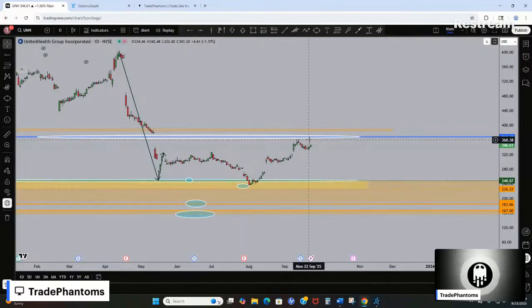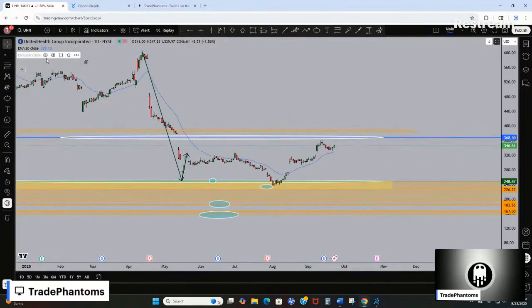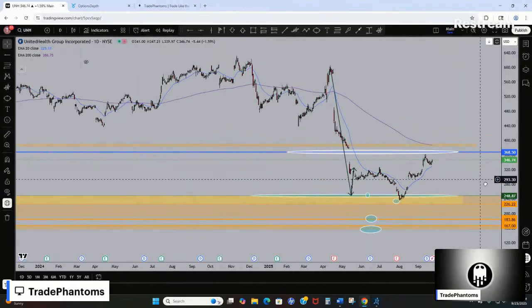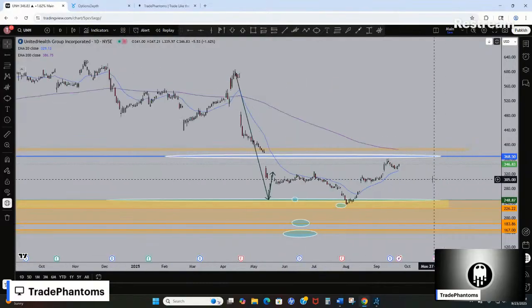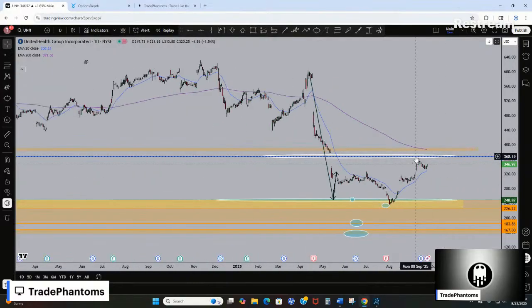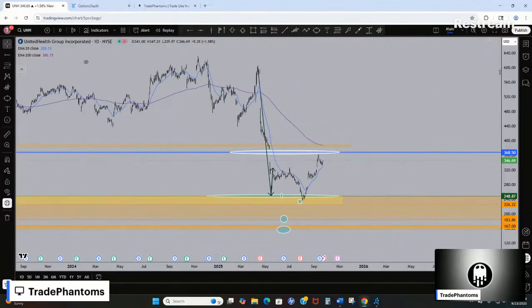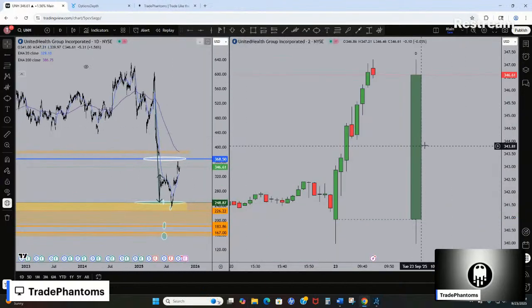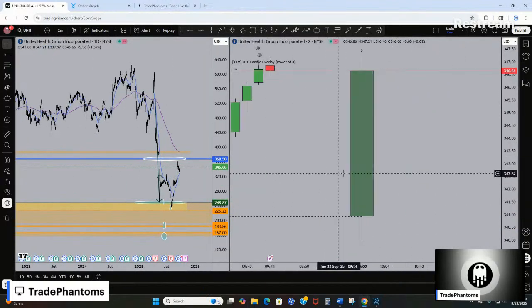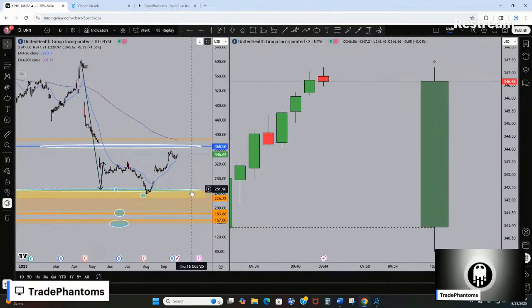This might be the temporary bottom for a little while. And that's a rip today, so far off the open.